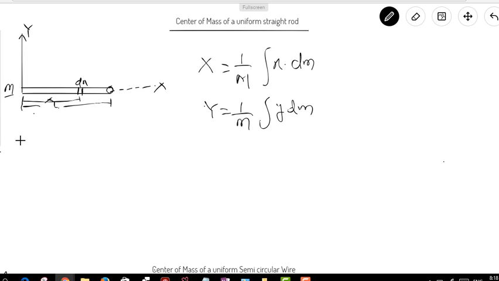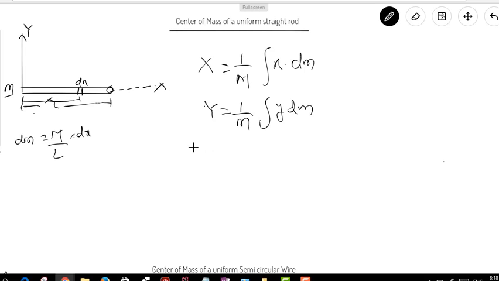The mass of the dx will be dm, and it will be the mass per unit length of the rod, which is m by L, into dx. And the x coordinate of this dx will be x only.